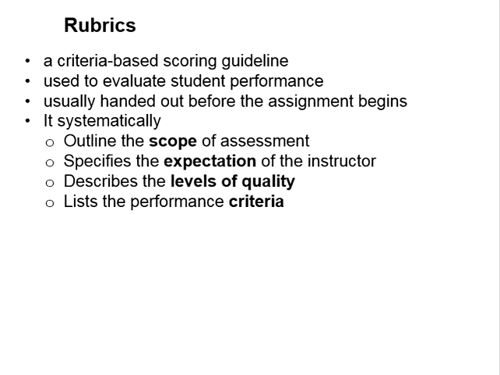As the rubric systematically outlines the scope of the assessment, it also specifies the expectations of the instructor, explicitly describes the level of quality, and also lists the performance criteria. And when all this is standardized, whoever rates the students based on the guideline will end up with more or less consistent rating output. This is the function of the rubric.